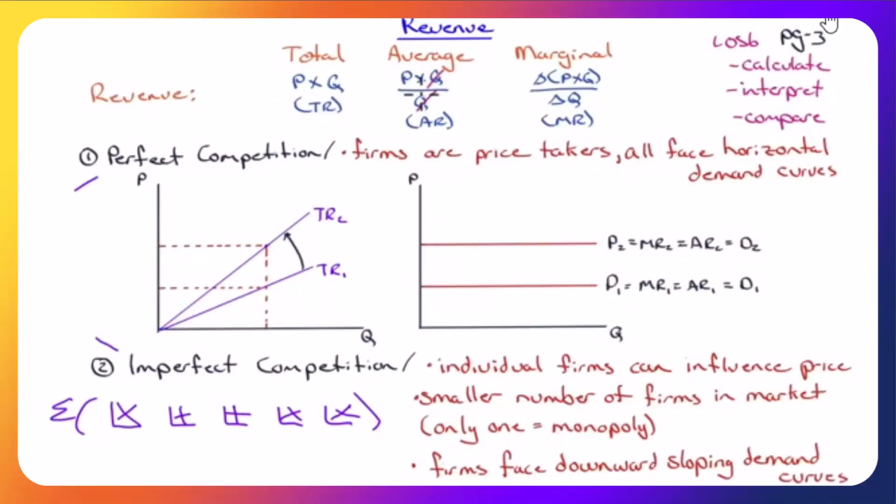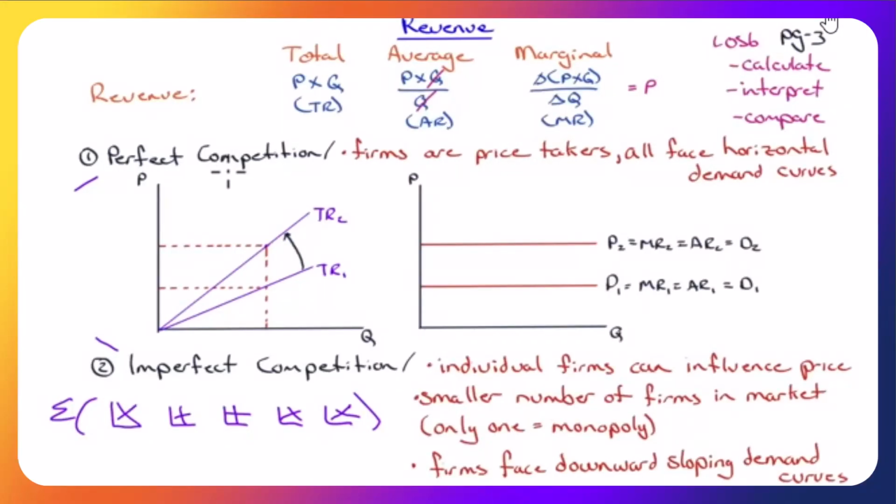Price. That's it. Marginal revenue is the change in price times quantity, which is the change in total revenue, divided by the change in quantity. So if we let the change in quantity equal 1, what is marginal revenue going to settle out to? P. And that's it.